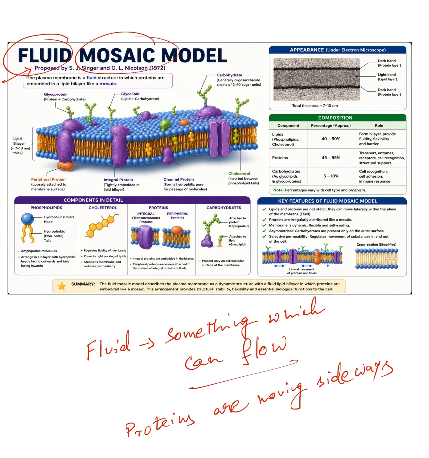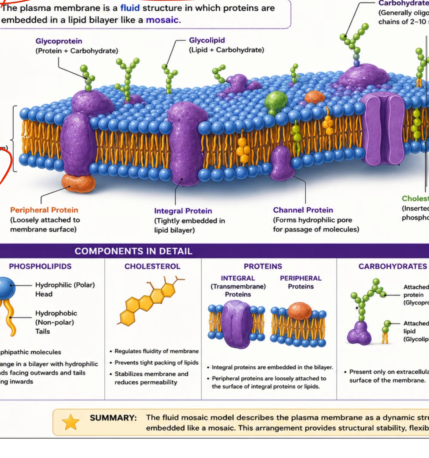If you look at this diagram carefully, you can understand the plasma membrane or the cell membrane. If you zoom in a little bit, it's a fluid phospholipid bilayer. The proteins are floating like icebergs in a sea of lipids, right?